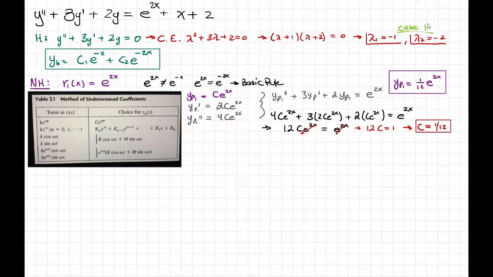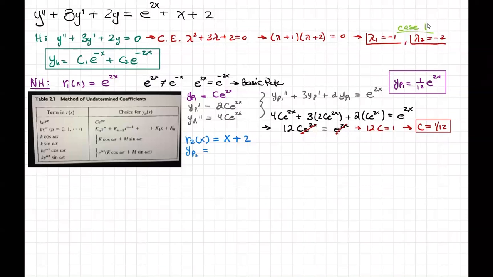So it's not yet the whole problem. So now let's focus on the following yp. I'm going to use this color now. So now we have yp2. Before that, let me write what my r2 of x is, which in this case will be x plus 2.